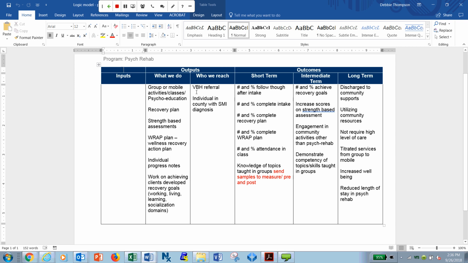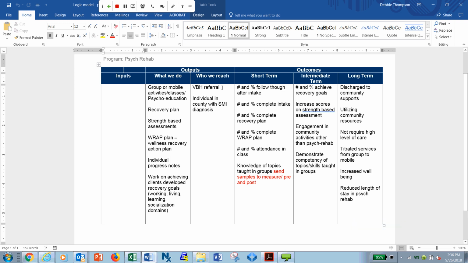And the inputs aren't even filled out here because they're kind of givens. It's the staff time, it's the resources, it's the information put together. And what the organization does, they do group or mobile activities, they put together a recovery plan, they do strength-based assessments, they have individual progress notes, they work on achieving client recovery goals.